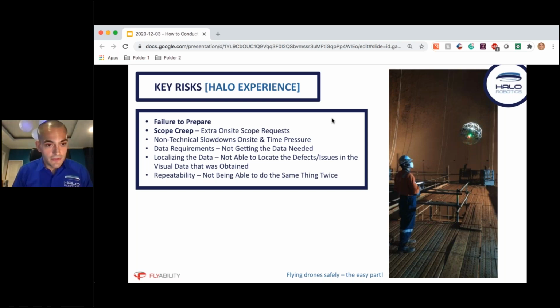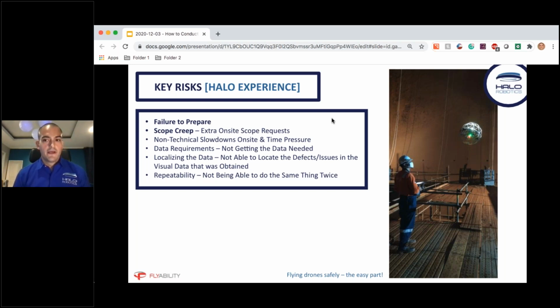So much of this can be addressed by really, really detailed preparation, both in terms of the drone operators' preparation as well as their coordination with the asset owners and the other project sponsors and people who are involved in the project. I'll cover more about that in my presentation.